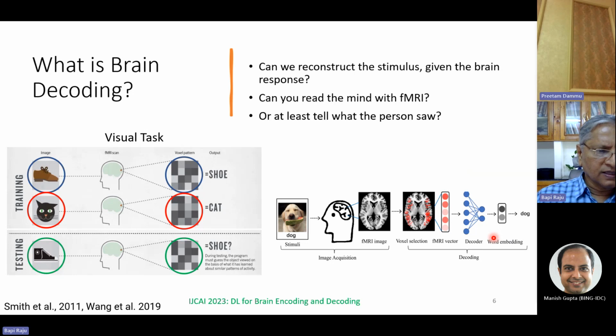Right, so in this case, dog is the word that the decoder predicts given this brain activity.